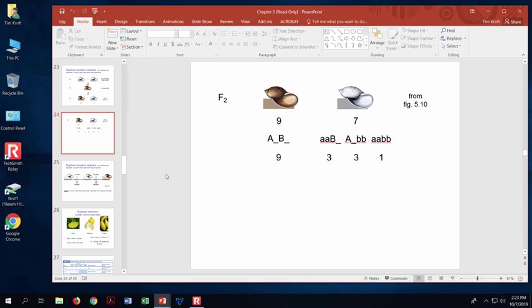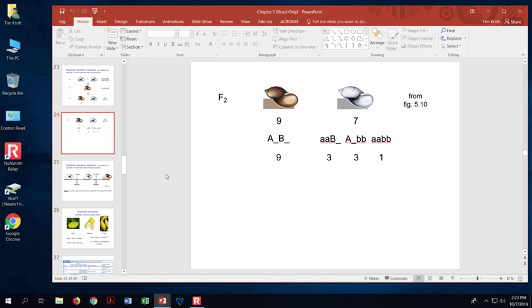Because the 9 has at least one big A and at least one big B, there are no little a homozygotes and no little b homozygotes in the class that has the brown color. But in the albino snails that lack color, you always have at least one little a homozygote or one little b homozygote, or in the case of the one on the far right there, both.